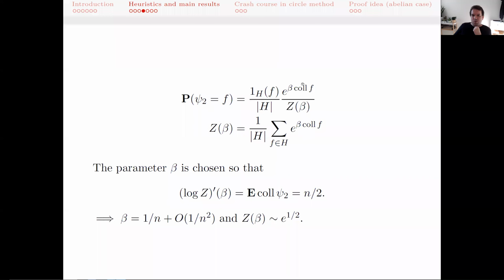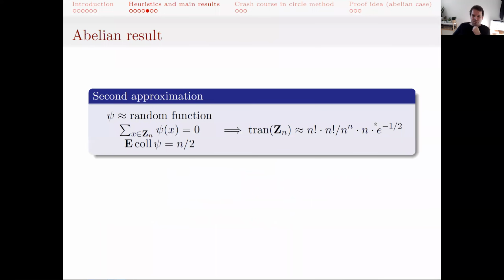So this would just be 1 over the size of H times e to a half. Then if we sum this over all the permutations f, we would get that the probability is n factorial over n to the n minus 1 times e to minus a half. And then the number of transversals is again just n factorial times that.